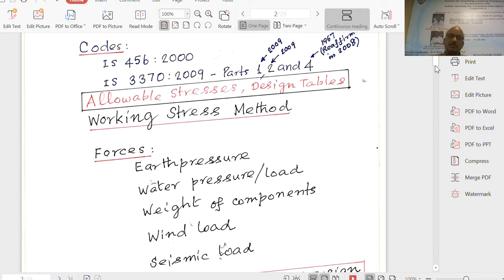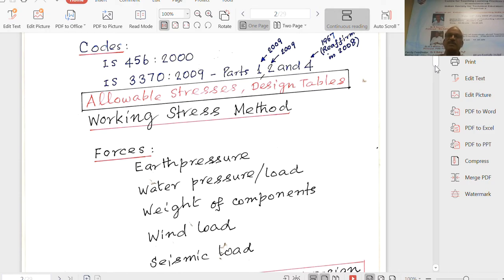The leeward columns will be subjected to compressive force due to wind. So in addition to the dead weight of column, dead weight of tank, weight of water, etc., when a column is subjected to axial compressive force, we have to account the additional compressive force due to wind also. That we have to design.